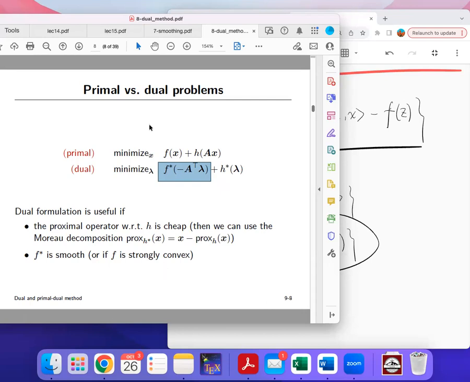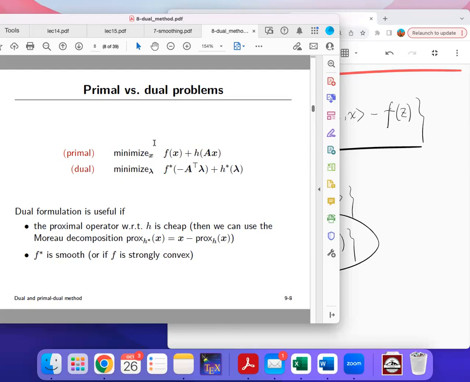This is the trade-off between primal and dual form. Sometimes problems are easier in the primal form, sometimes they are easier in the dual form.